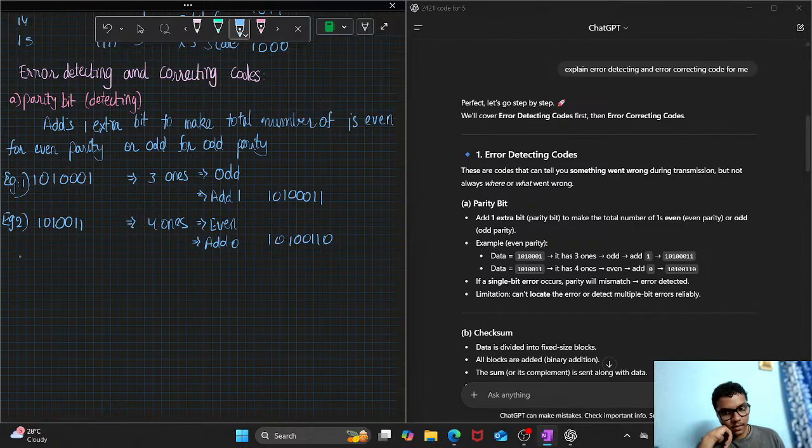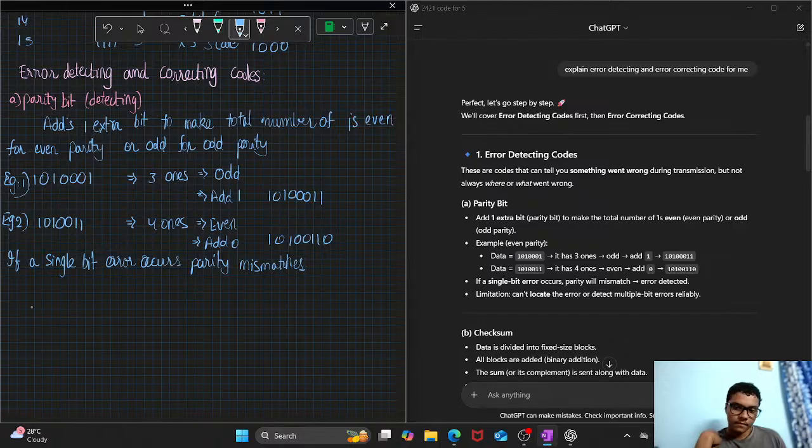If a single bit error occurs, the parity mismatches. Limitations: it can't locate the errors, and it cannot detect multiple bit errors.